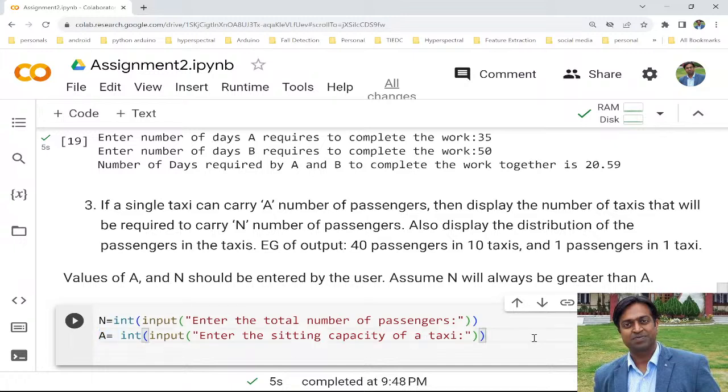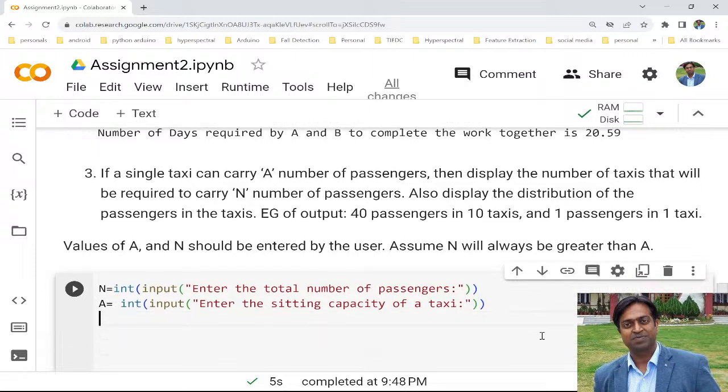Now once I get this, how to get the number of taxis? Again it is just a mathematical problem. Suppose n is say 40 and a is 4. Simply how do we get how many taxis are required? We divide 40 by 4, and since it is 10, we get that 10 taxis are required, right? But what if 42 is there?